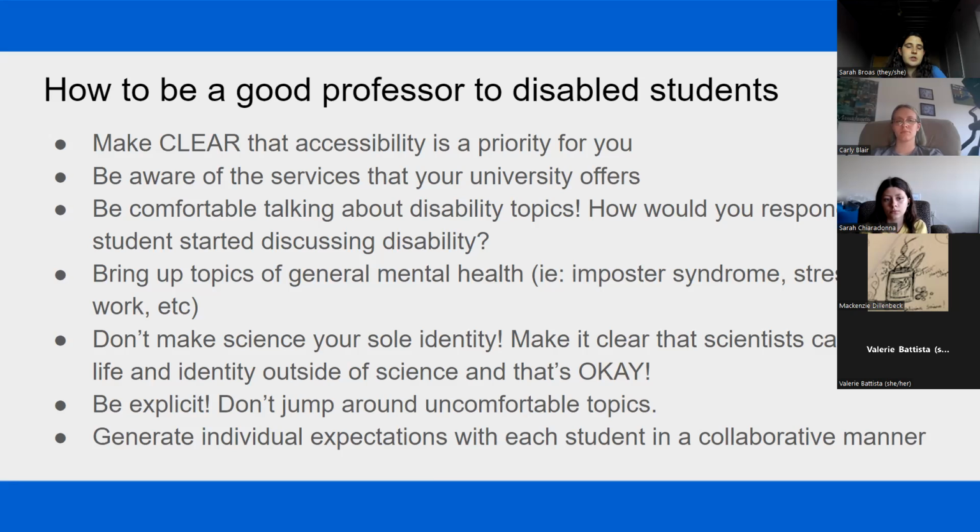The second point is be aware of the services that your university offers. I think that as a PI, you should be responsible for knowing that. If a student comes up to you and says, hey, I've been struggling with XYZ, it would be great if you could refer them to those resources and say, hey, we have an Office of Disability Resources, or hey, here's the CARE Network, which is something specific to University of Rochester.